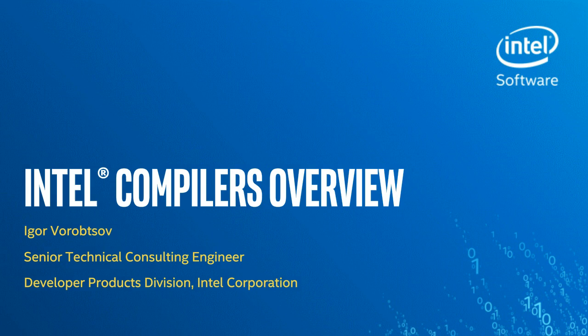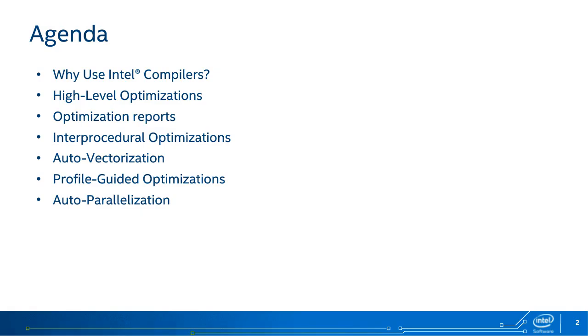Hello everyone. Hope today will be a very nice talk on our Intel compiler features. So let's start. Today we are going to talk about why we should use the Intel compilers and briefly go over the most important features of the Intel compiler you may use in order to get the best performance of your hardware.